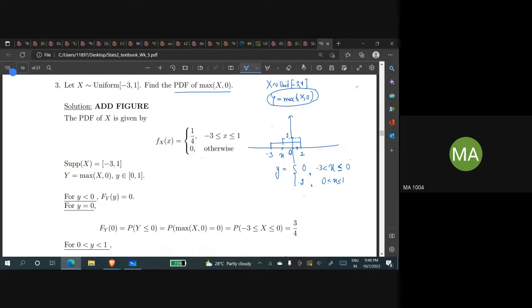Y is defined as the maximum of x, 0. Yes, thanks. Maximum of x, 0, so it is x, right?